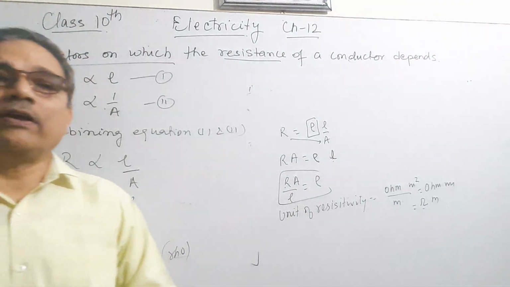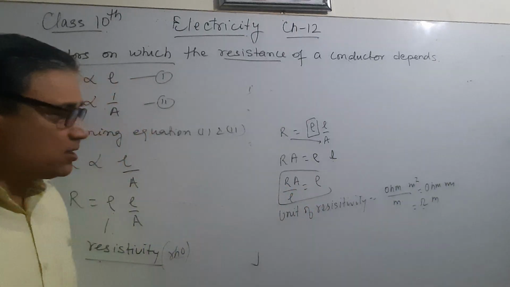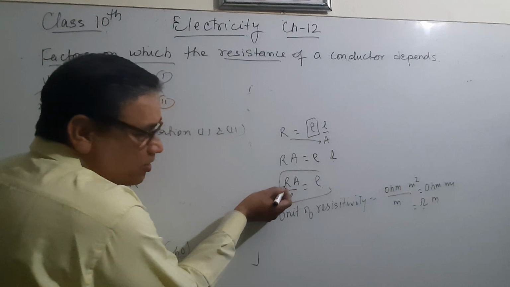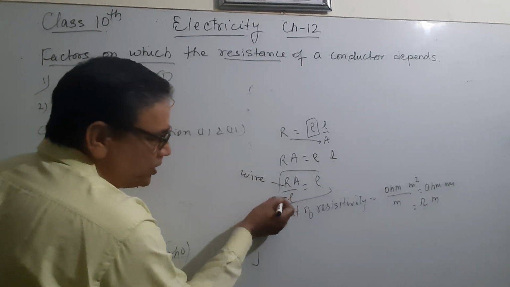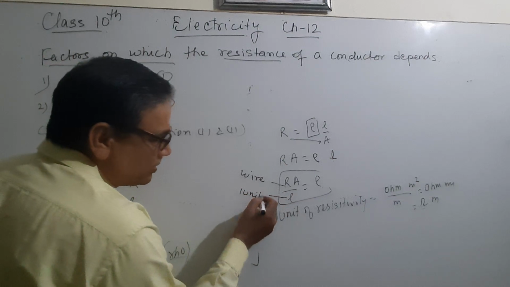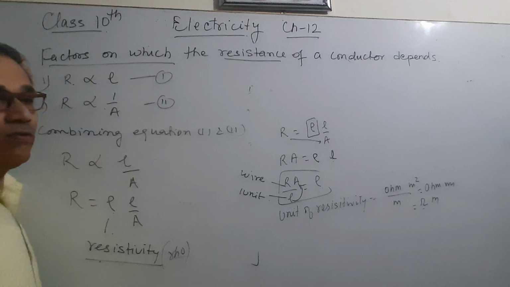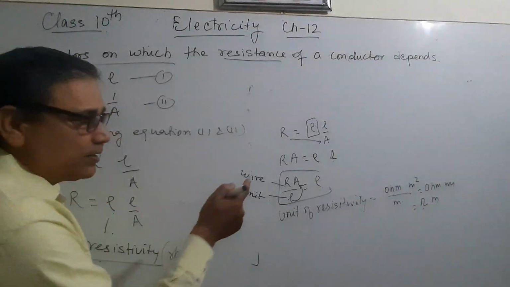Or another way you can define the resistivity. The resistivity is the resistance offered by a wire of unit length having a cross sectional area of 1 unit square. Again listen carefully.